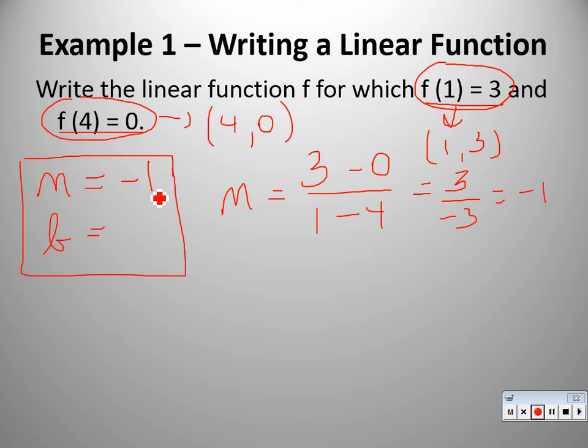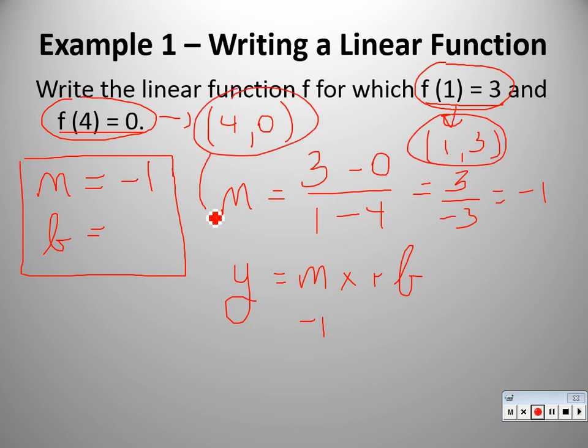Now all I have to figure out is what the y-intercept is. So I'm going to go back to y equals mx plus b. I'm going to put this negative 1 in for m. And I can actually choose either one of these points to put in for x and y. I'm going to use this one here just because it has a 0 and it's going to be a little bit easier to work with. So I'm going to put a 0 in for y, and a 4 in for x, plus b at the end.